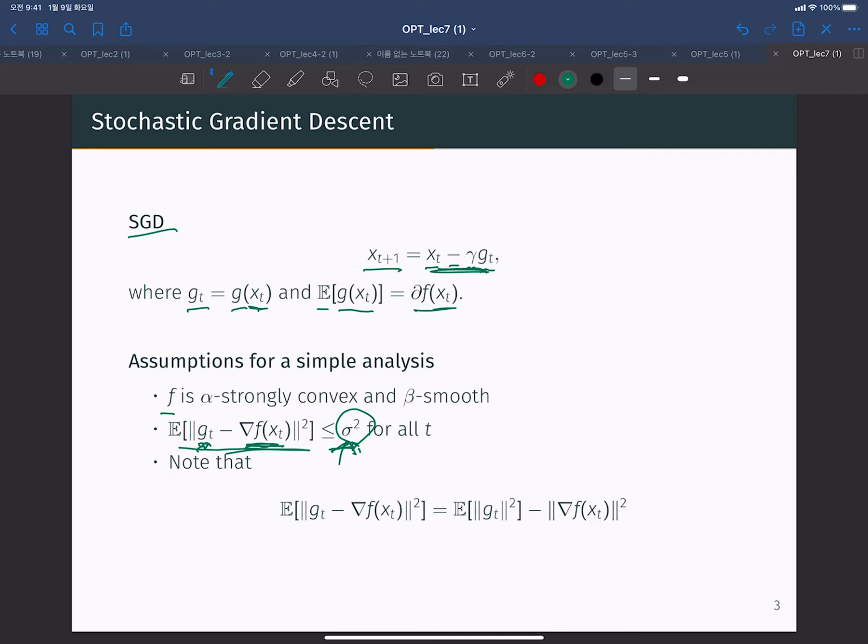But when sigma square is very high, this is very difficult because we have a huge error, which can make a diverging trajectory due to the high noise. So in the analysis, we will analyze what the convergence speed and convergence accuracy are with respect to the sigma scale.